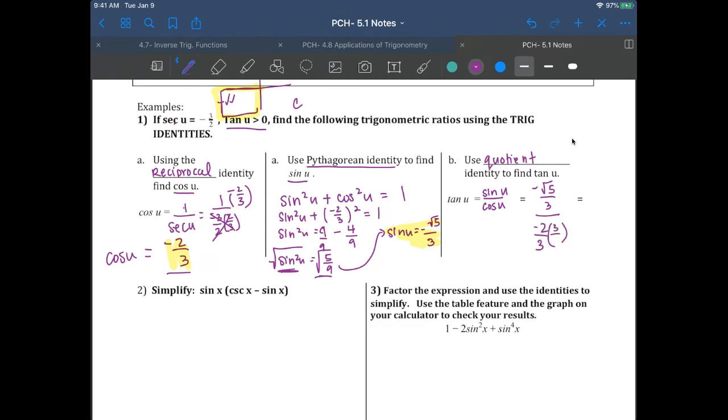Let's do negative. Cancels. So 3 over negative 2. A negative times a negative is going to give me a positive, so I get the square root of 5 over 2. Okay? All right, so that is our tangent of u. So that's just another way to solve for our trig ratios.